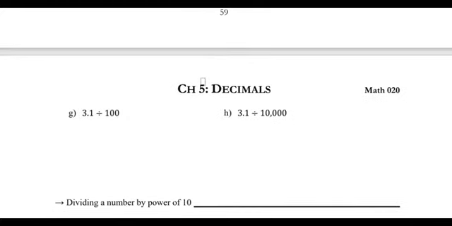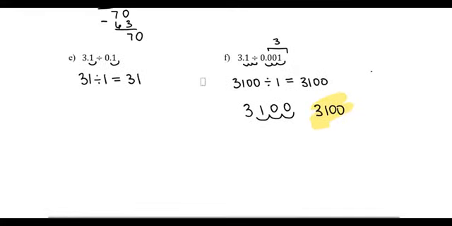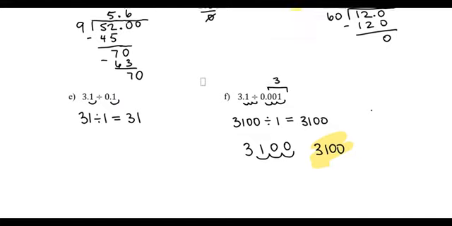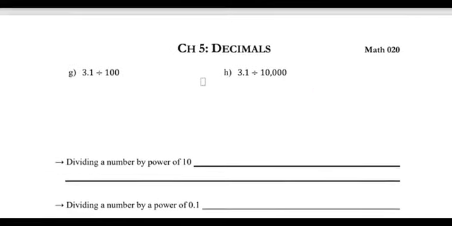All right, so let's switch gears. So this is the division by the powers of 10. Because we are dividing by a whole number, we're actually going to do the long division.